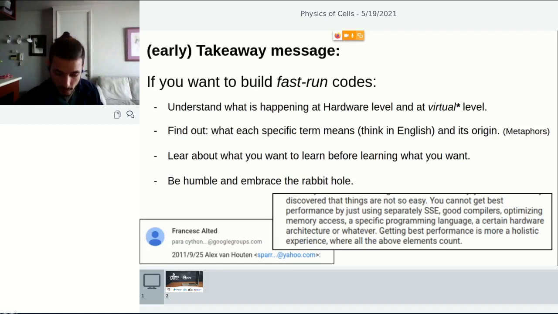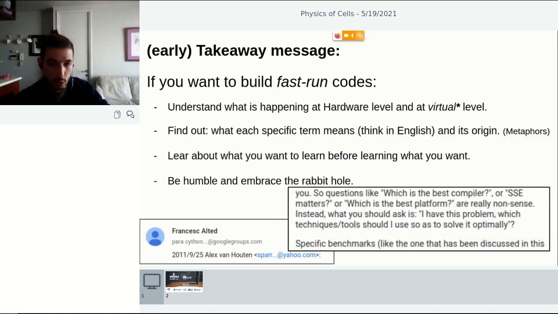And one of the people in the group answered that you cannot get the best performance just by separately thinking about good compilers or optimizing memory access, a specific programming language, or certain hardware. Getting the best performance is more of a holistic experience where all the above elements count. So it's a complicated thing, and this is what I mean with embrace the rabbit hole. You need to take things slowly.